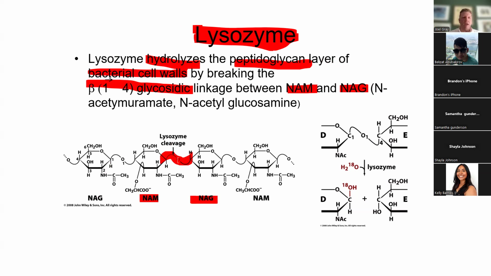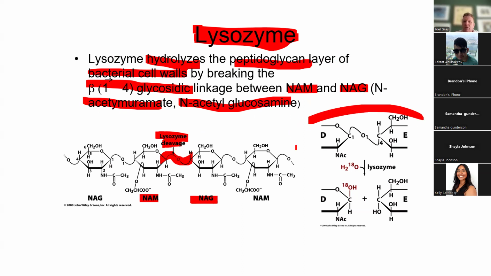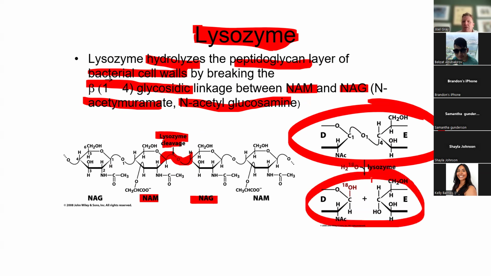That's N-acetylmuramate and N-acetylglucosamine, NAM and NAG. This happens at that beta-1,4 glycosidic linkage. Now, the input looks like this, the output looks like this.